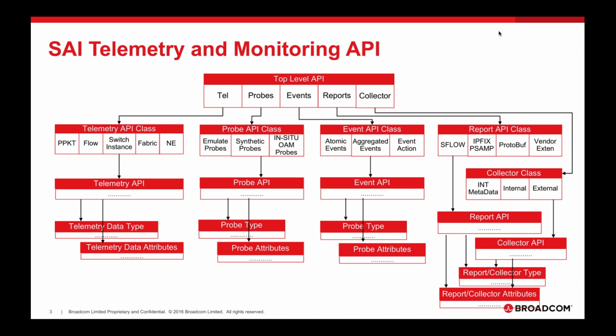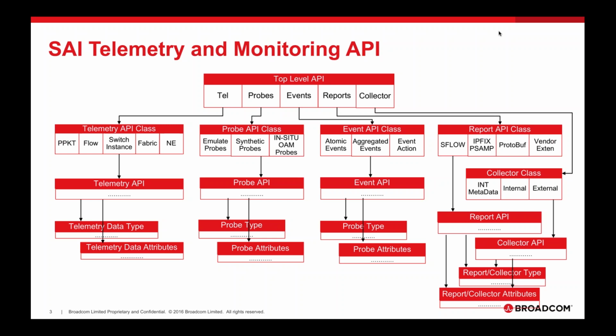But internal class, just to go into detail, is think of a chassis system or a logical system where my collector is an internal collector. All the statistics which are collected from the line cards need to be exported to a routing engine or a supervisor. So that's the notion of internal.